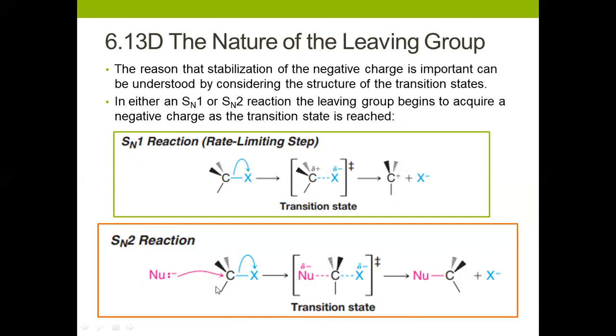In the SN2 reaction, there is a simultaneous process: for the leaving group to leave, at the same time the nucleophile attacks. So there is this transition state, nucleophilic backside attack to the substrate, and there's also a developing partial negative charge on the leaving group before it forms a full negative ion here.